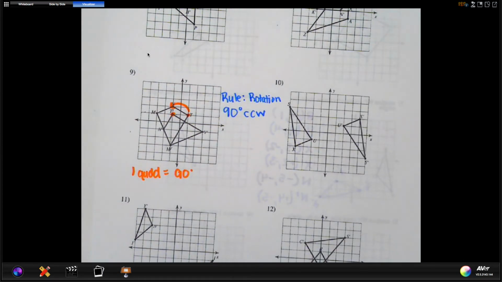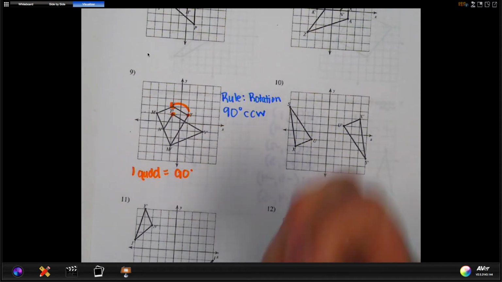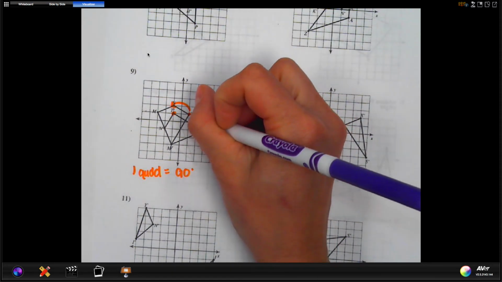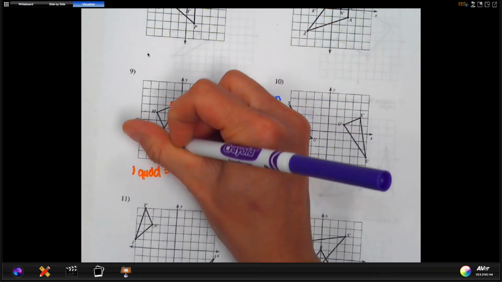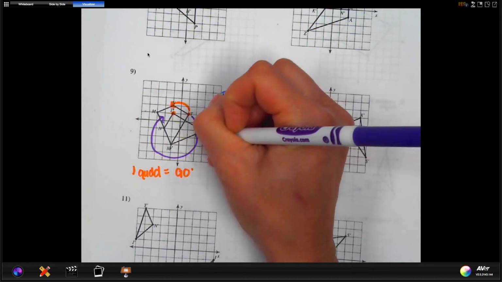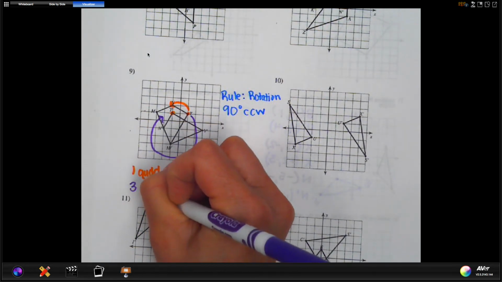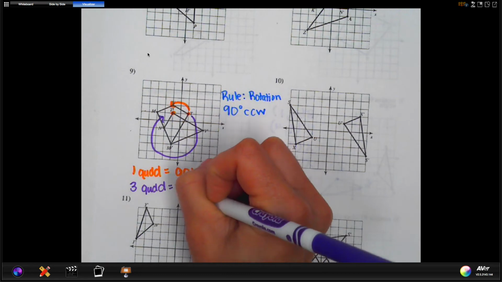Now, what if it decided to go the other way? And it doesn't tell you straight out, so you have to give another answer for this one. So if I went this way to get around, that would jump 1, 2, 3 quadrants. So 3 quadrants equals 270 degrees.